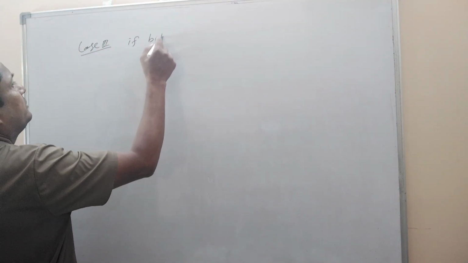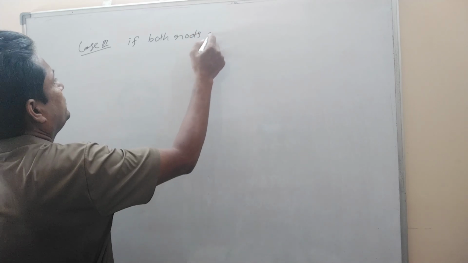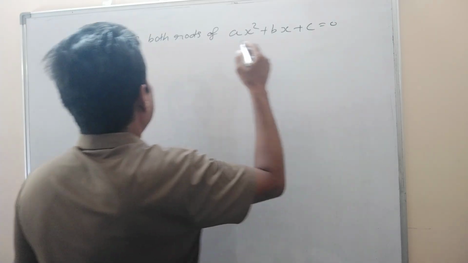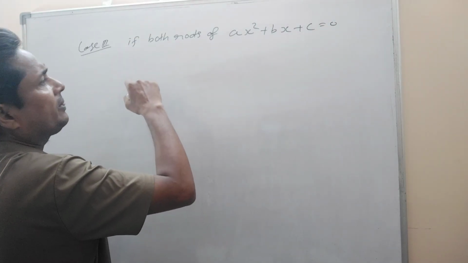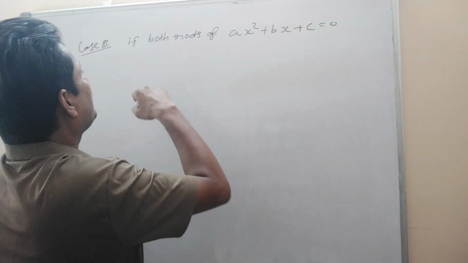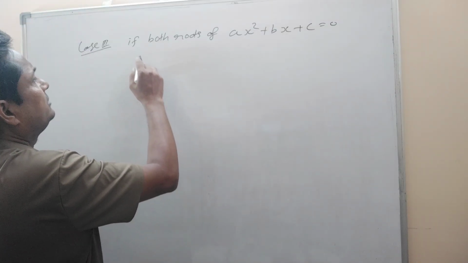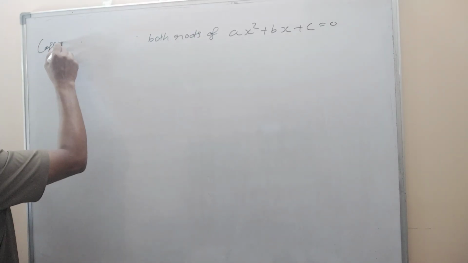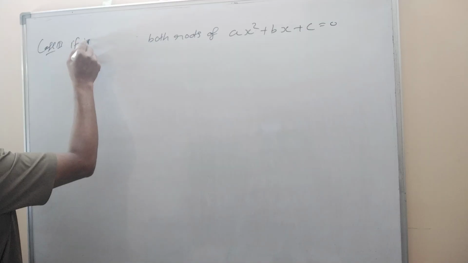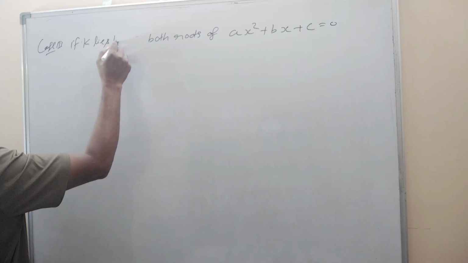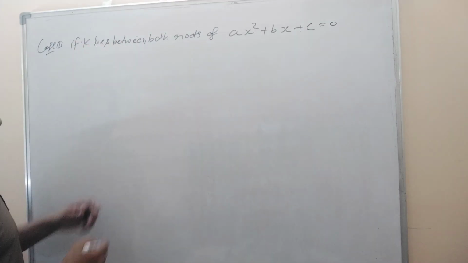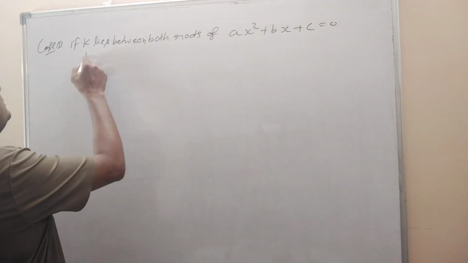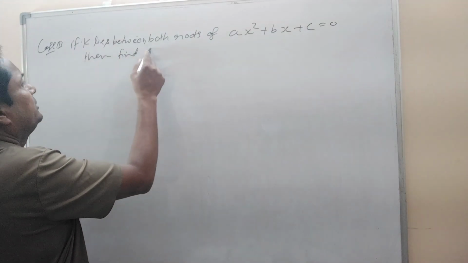If both roots of ax squared plus bx plus c is equal to 0, if k lies between both roots of this equation, then find the condition.